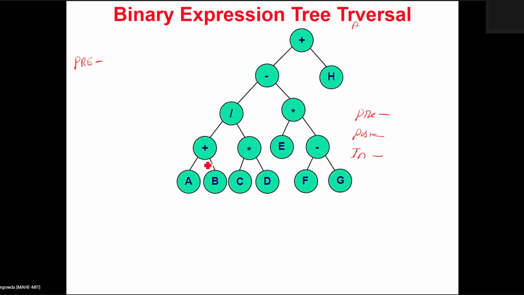Is it visible? Is it plus? Then what is the pre-order traversal output? Look at the tree diagram and let me know.